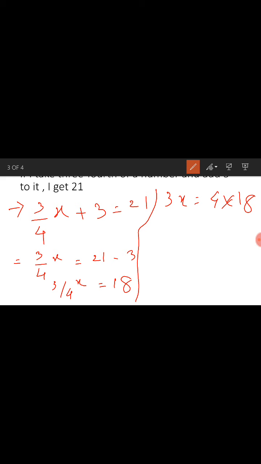Now 3 will be transposed to right hand side, so it will be x equals to 4 into 18 divided by 3. So 3 ones are 3, 3 sixes are 18. So 4 into 6, 24. So x is equal to 24. So the number I have taken is 24.